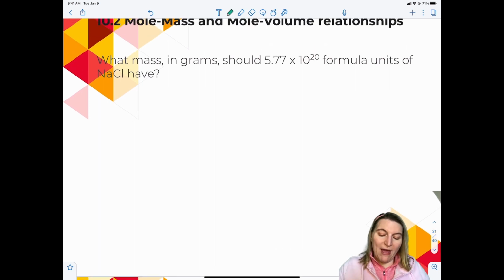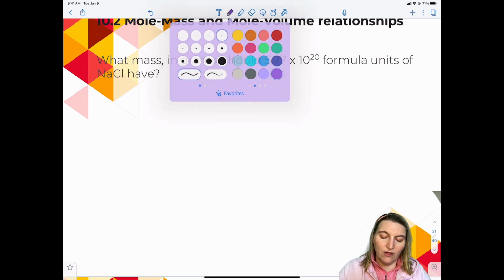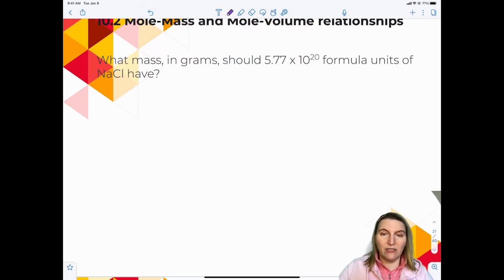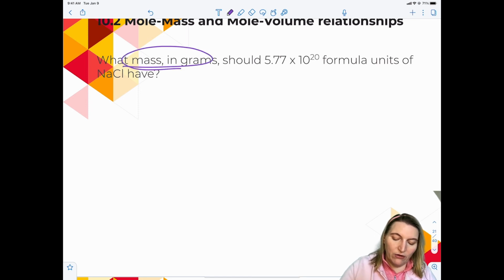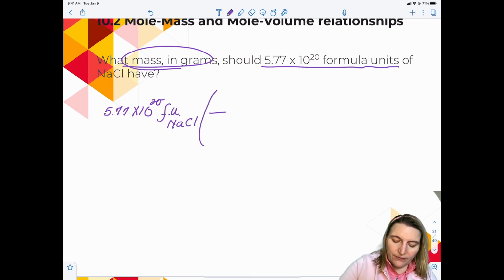The next one: what mass in grams should 5.77 times 10 to the positive 20 formula units of NaCl have? So what mass in grams, and then that is what I start with. 5.77 times 10 to the positive 20 formula units of NaCl.